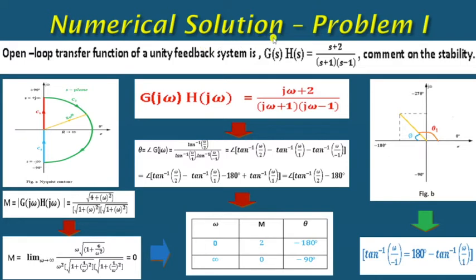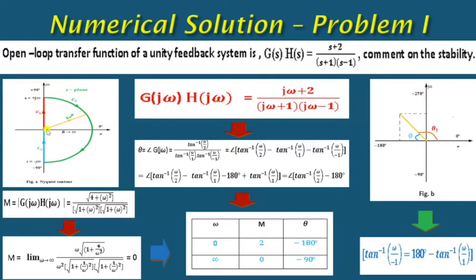Numerical solution, problem 1. The open loop transfer function of a unity feedback system is G(s)H(s) equal to (s plus 2) divided by (s plus 1) into (s minus 1). Comment on the stability. So always draw this Nyquist contour in the S plane. This is C1, this is C2 and C3 path.